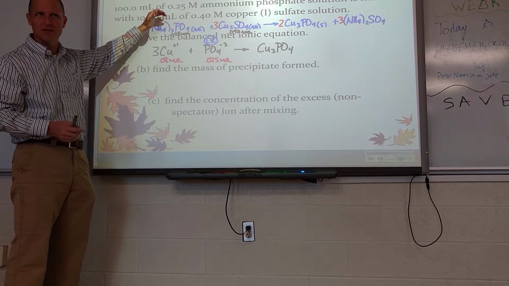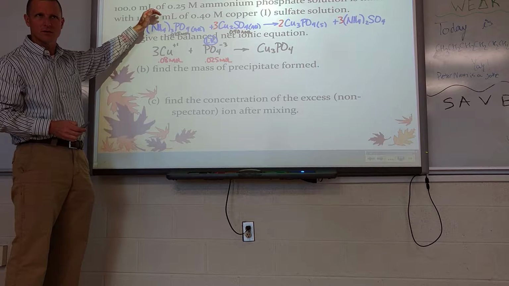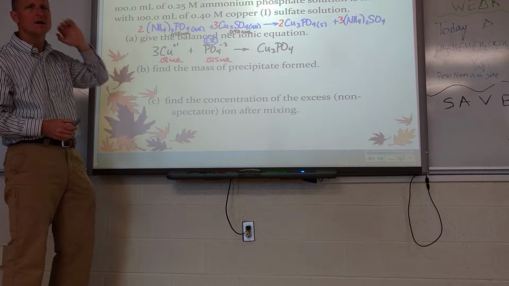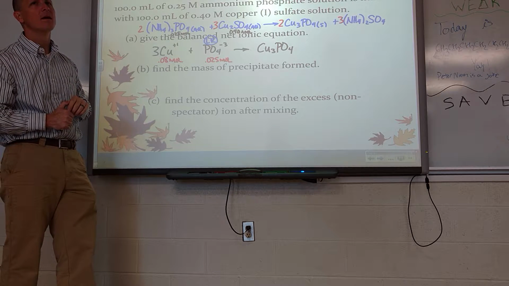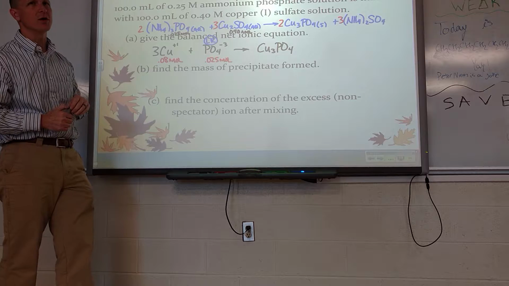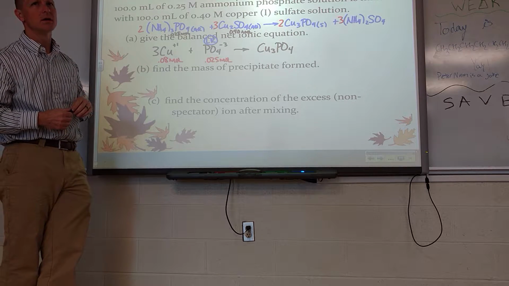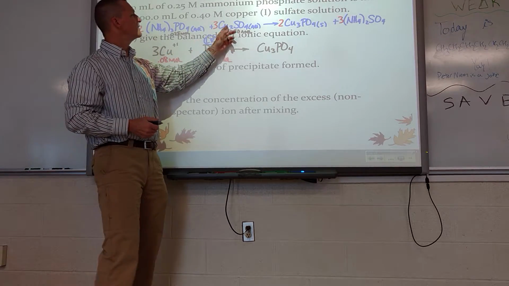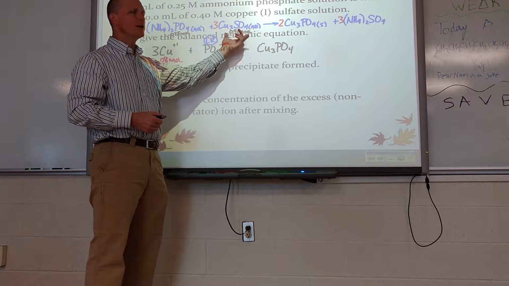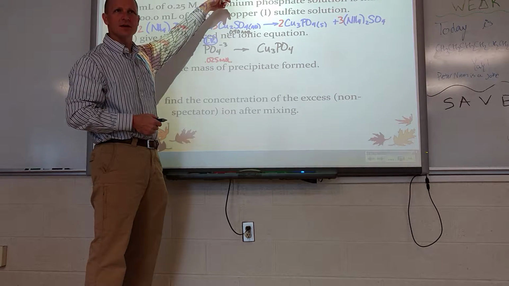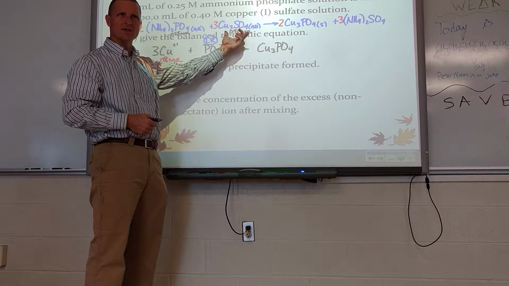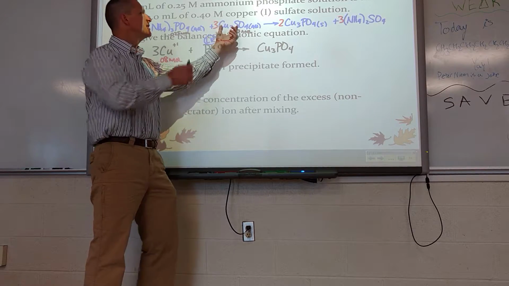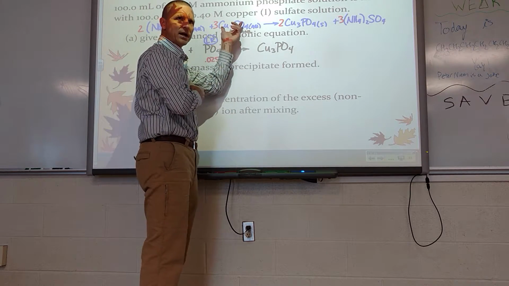Am I talking too much and losing you? Yes? Can you explain one more time why in the net ionic equation copper is 0.08 moles? Did you think it should be 0.04? Do we agree that copper sulfate had 0.04 moles? From the molarity and the volume up there, we calculate 0.04 moles of this compound. But the copper ion, every time one of these dissolves, you get 2 copper ions.